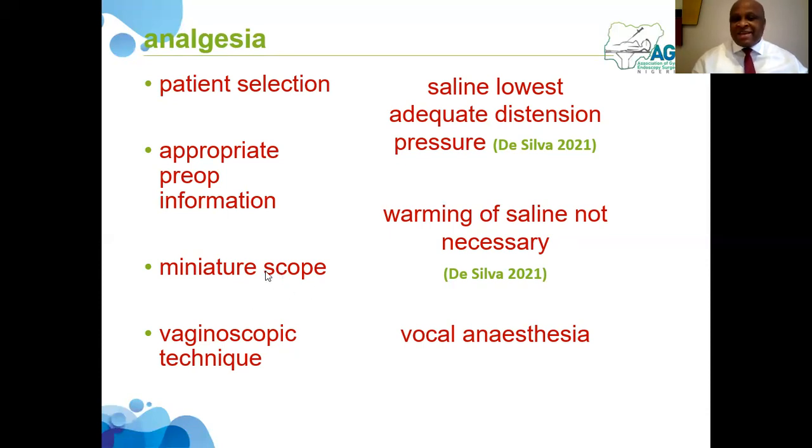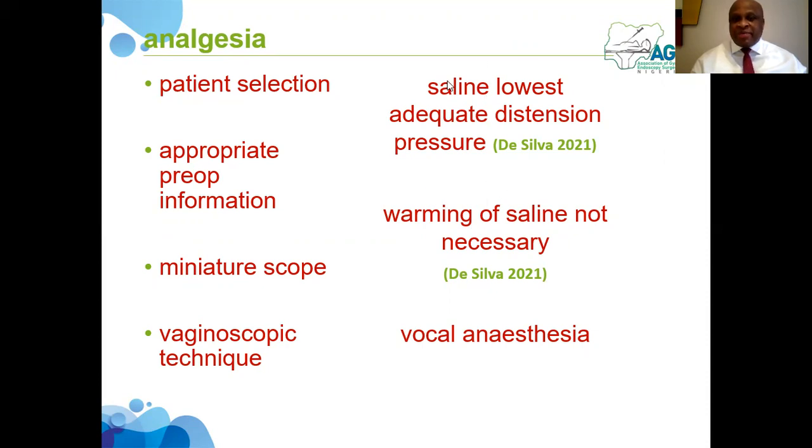The smaller the caliber of your hysteroscope, obviously, the less painful, and there's clear evidence. The non-touch vaginoscopic technique, where you insert the hysteroscope in the vagina, fill the vagina with saline, and gently navigate your way through the cervix without touching the cervix or holding the cervix with a vulsellum, is associated with much less pain.